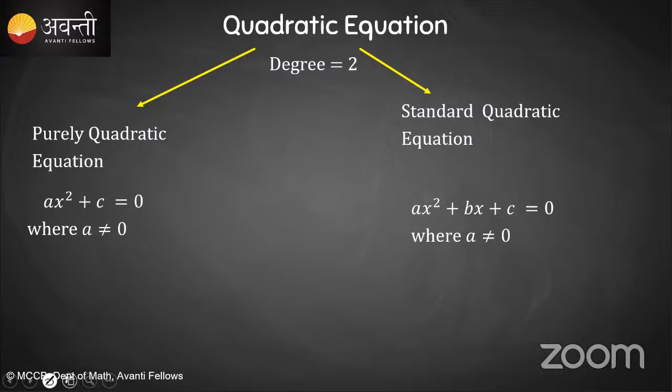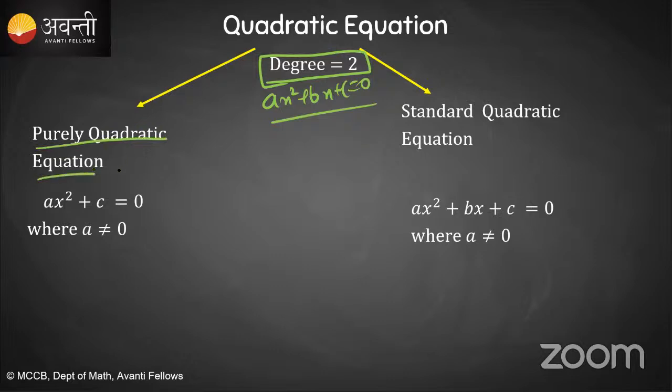First of all, we know that a quadratic equation means degree 2, right? See, there are two types of quadratic equation. Now, ax square plus bx plus c. If it is a purely quadratic equation, it means the coefficient of x is 0.